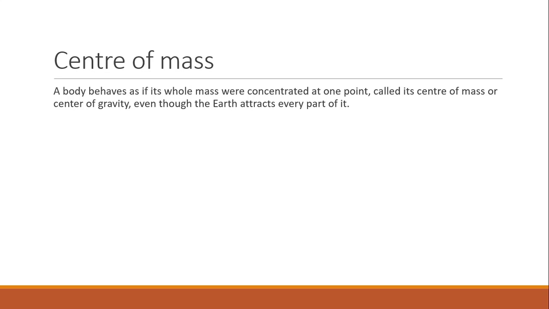So a body behaves as if its whole mass were concentrated at one point called its center of mass. When we are calculating the point where we consider that this force, the weight of an object, acts, that point on an object is called its center of mass or center of gravity. We can use both of these terms, they're the same, even though the earth attracts every part of it.